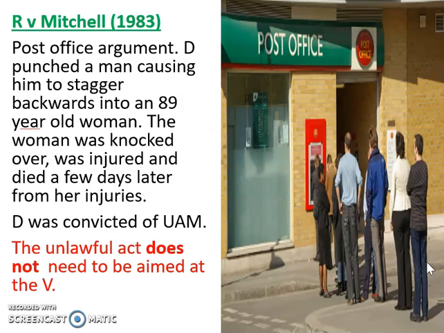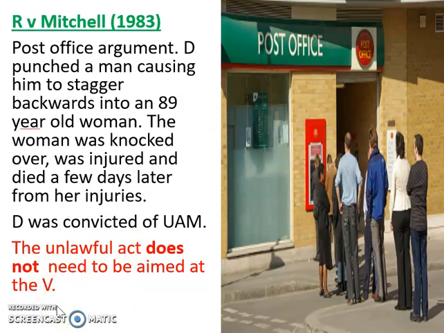Now, our defendant was convicted of UAM because when you think about what he's done there, he's done an unlawful act, a punch. Punching someone is dangerous. It has caused death of a lady, and he had the mens rea for the original unlawful act, i.e. the punch. And the court said that the unlawful act doesn't need to be aimed at the victim themselves.